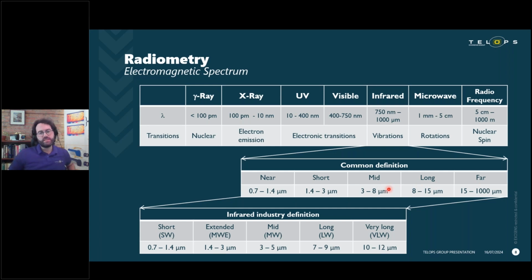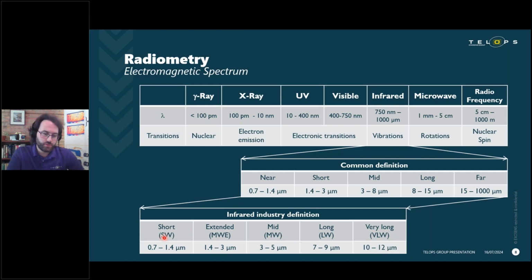Often what we see in science papers and articles, when we're in the infrared industry or remote sensing, is that we separate it a little bit differently, particularly to avoid the transmittance void window of the atmosphere. So we have nothing between 5 and 7 microns, and that's on purpose, because you can't see much in that window.